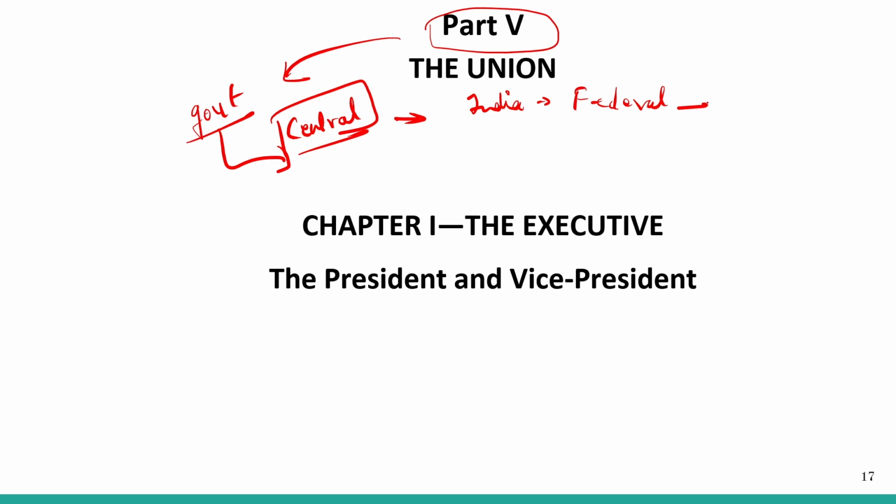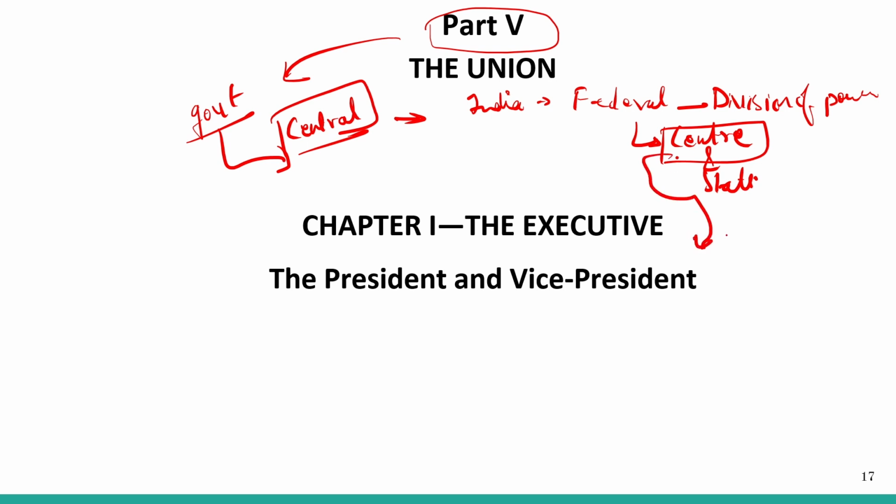So federal structure means that there is a division of power, and division of power is between the center and the state. When we talk about center, we are talking about the parliament plus the president.